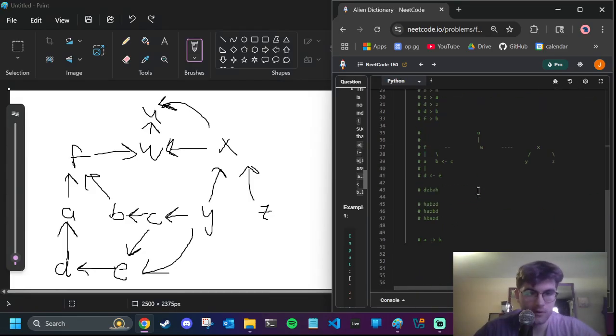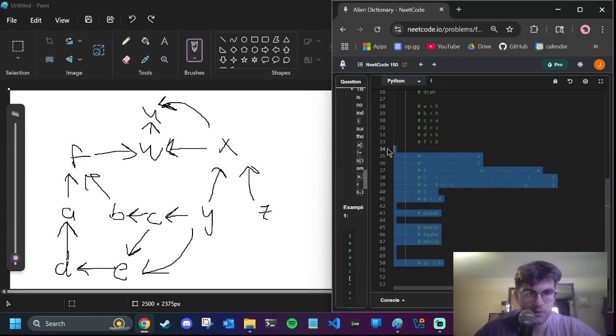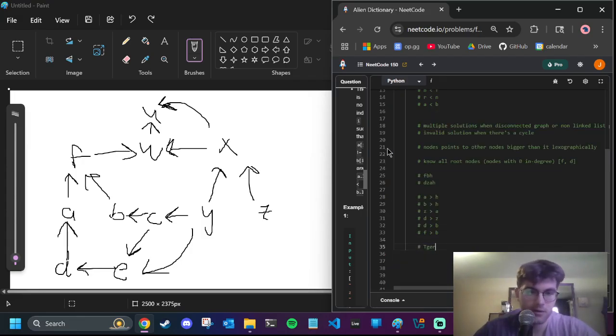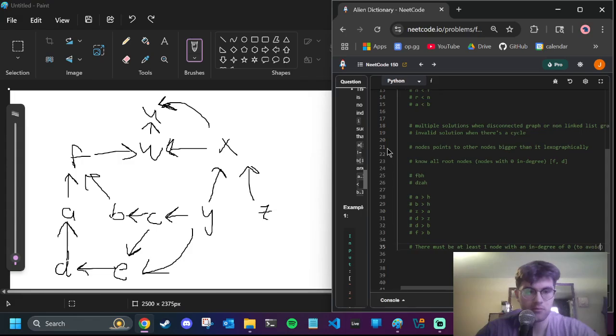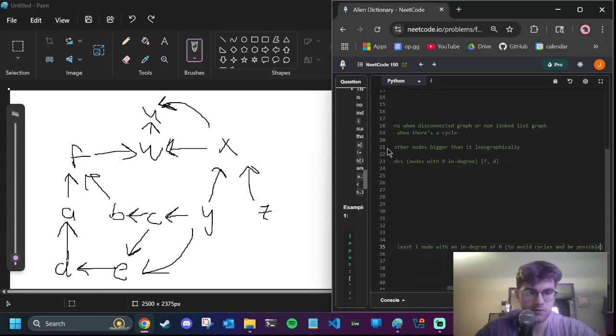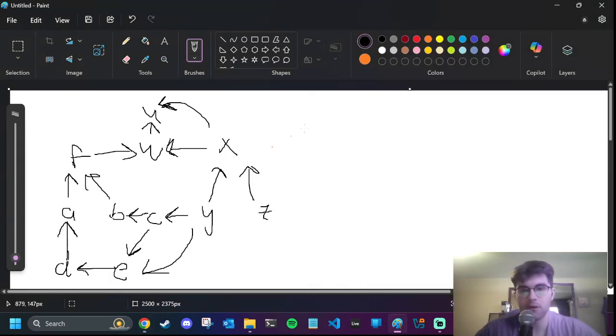I don't know where I'm writing all of this. I guess I don't need this anymore. There must be at least one node with an in degree of 0 to avoid cycles and be possible. So if there is just one, then I think the problem isn't bad.